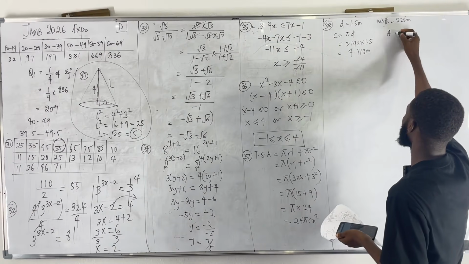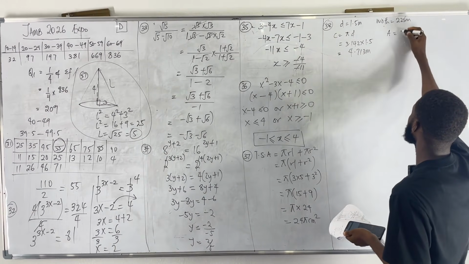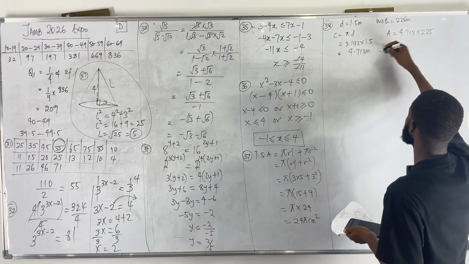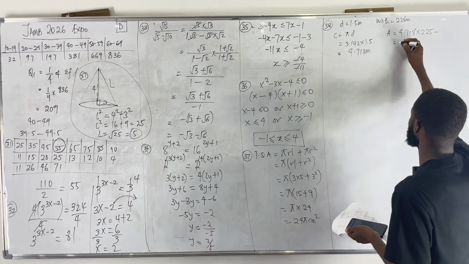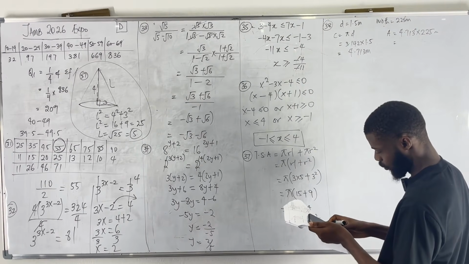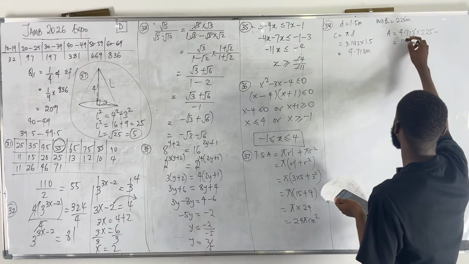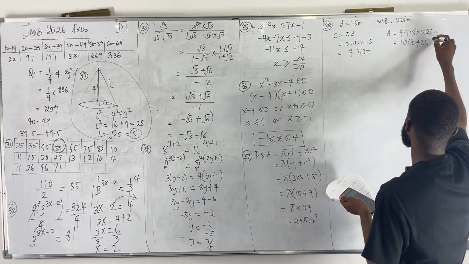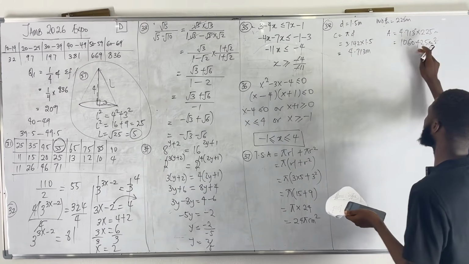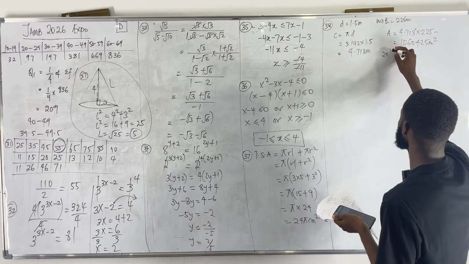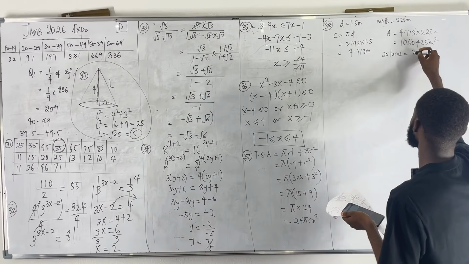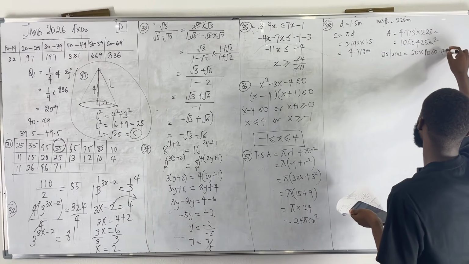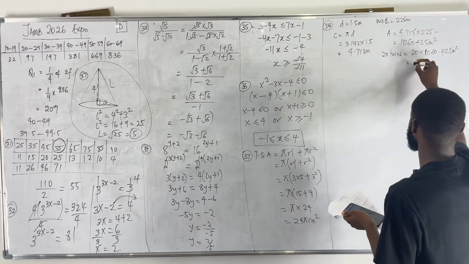So that means the area it will cover in 1 turn will become 4.713 times 225. This is in meters, this is also in meters. So when you multiply this by 225, this will become 1060.425 meters squared. So this is the area in 1 turn. So for 20 turns, this will become 20 times 1060.425 meters squared.